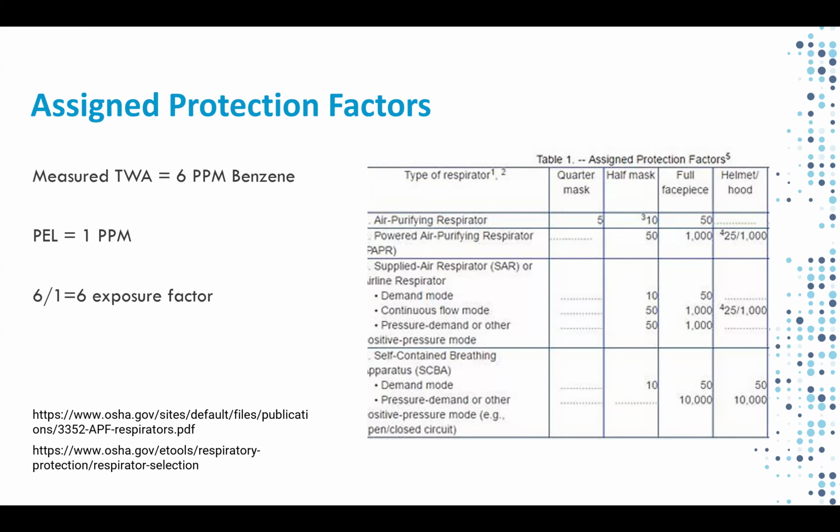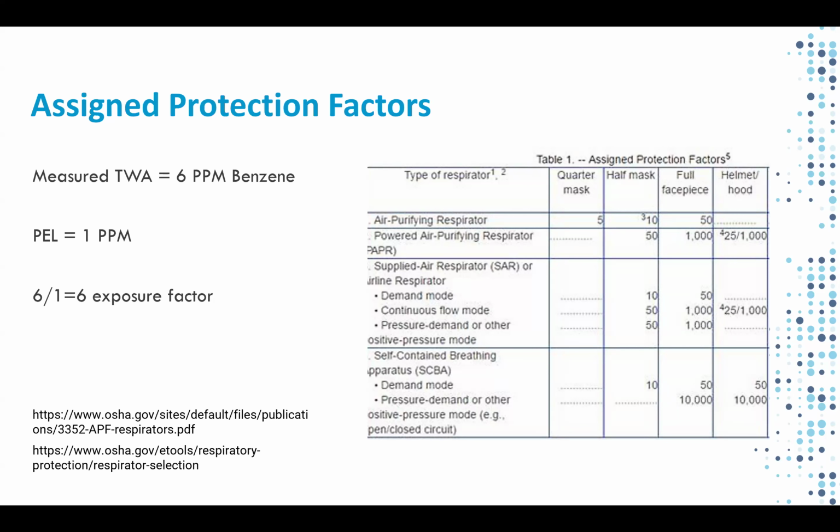So it's smaller than the half mask. I saw some research on those too, trying to get their assigned protection factor bumped up to that 10 level to be equivalent with the half mask, which includes the filtering facepiece respirators. But anyway, kind of gotten a little bit off track there.